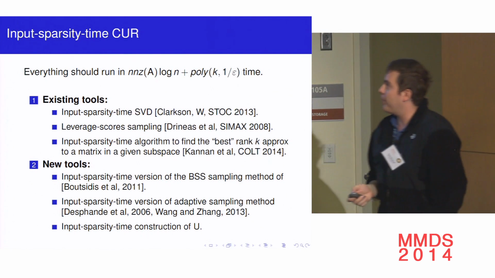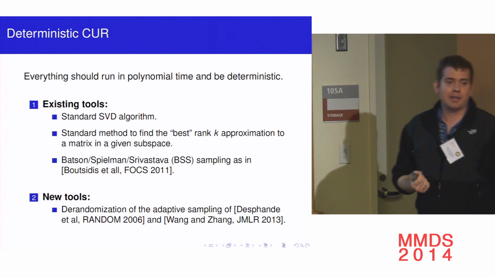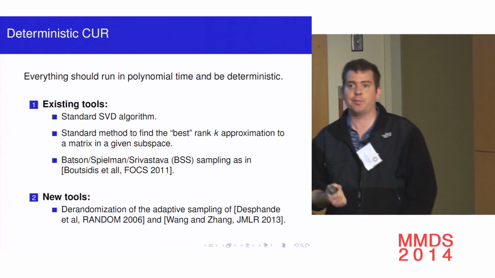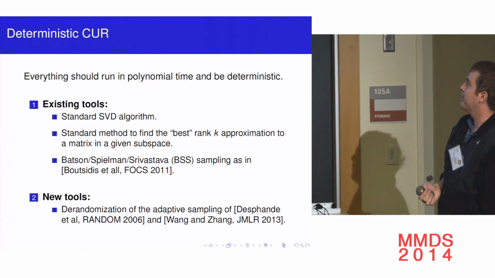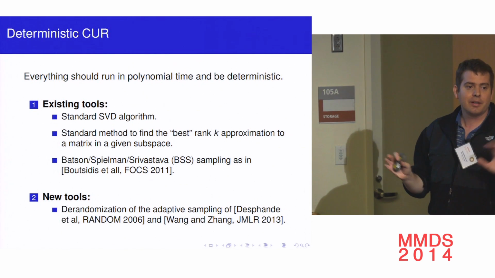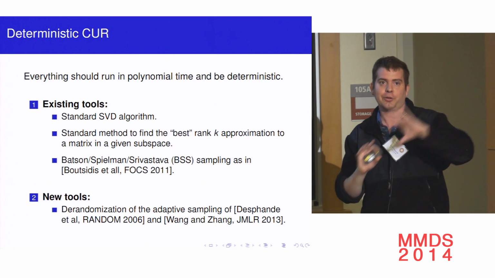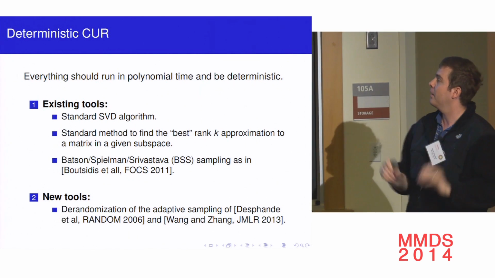For the deterministic algorithm, the main new tool we need is a de-randomization of the adaptive sampling of previous works. The other steps, the leverage score sampling, can just be replaced directly with BSS sampling at a larger running time, but now it's deterministic.